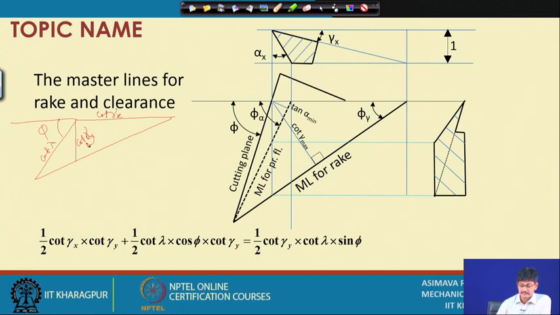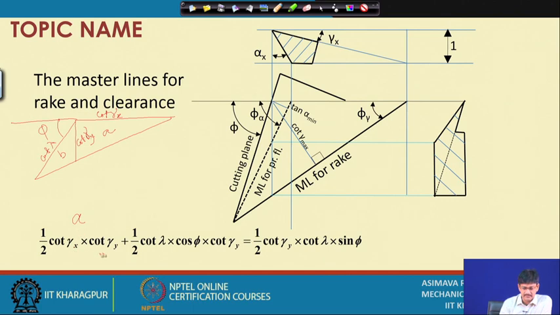In that case, suppose I want to establish the relation between gamma x, gamma y and lambda. So, we say that the area of this triangle, say I name this A and I name this B, is simply half cot gamma x into cot gamma y. I think you have absolutely no problem in accepting this.